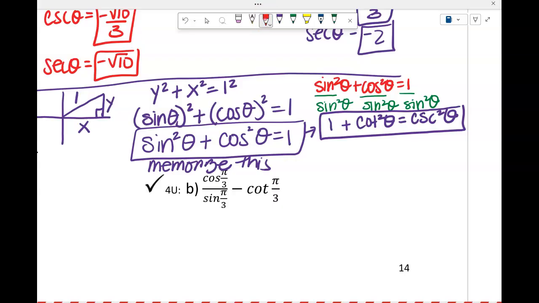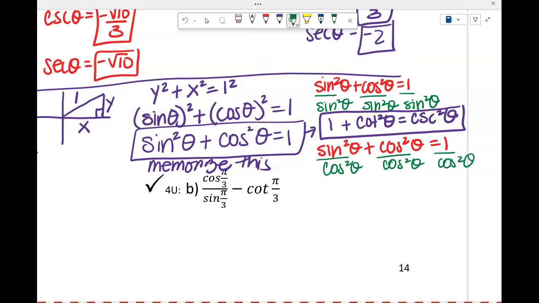Now the third theorem we will derive, I'm copying down the original. Now instead of dividing each and every term by sine, we are going to divide each and every term by cosine, just like this. Now sine squared divided by cosine squared, guys, is going to be tangent squared of theta, and then plus 1 equals 1 over cosine squared.